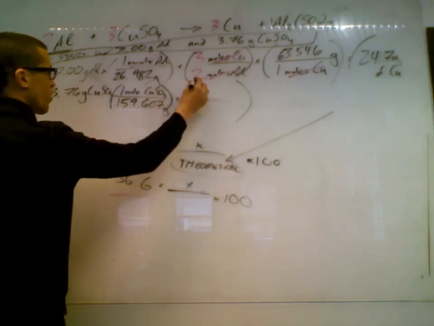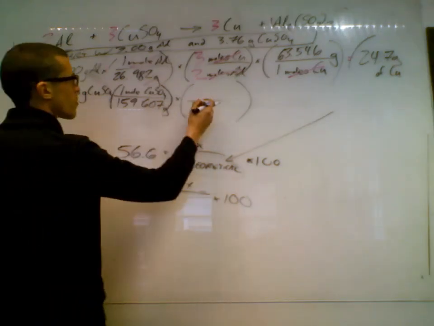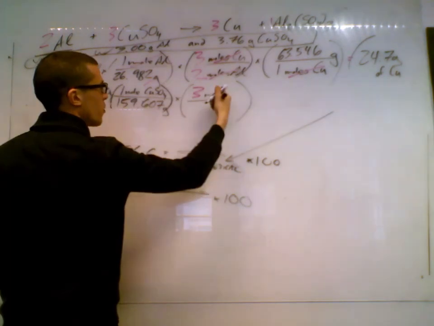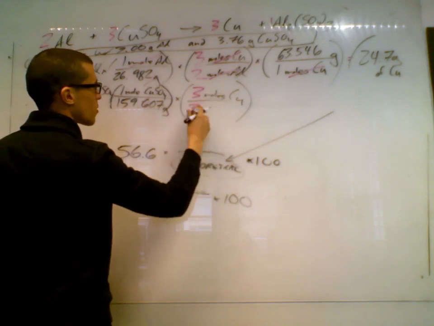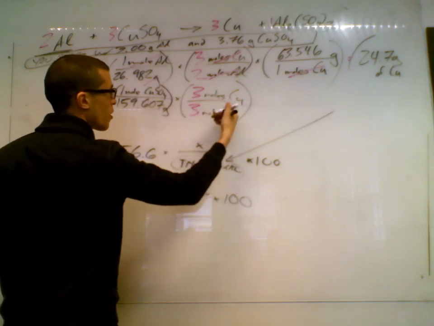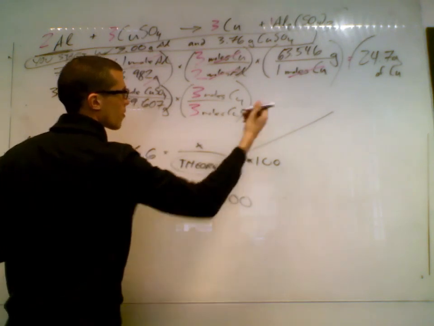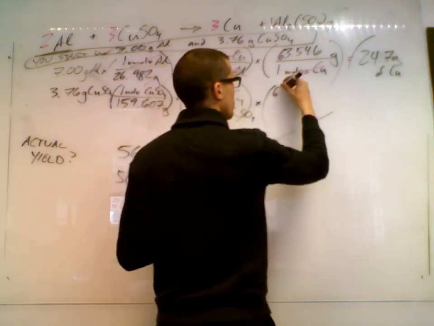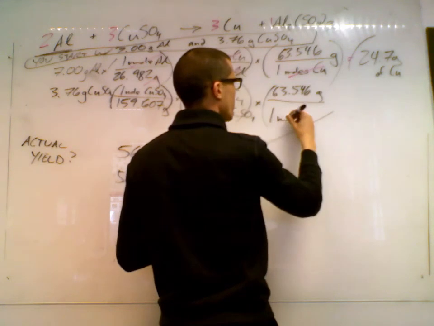So right here, what's going to go on the top, what's going to go on the bottom? On the top, it's going to still be 3 moles of Cu, and on the bottom, it's going to be 3 moles of CuSO4, times 63.546 over 1 mole of Cu.